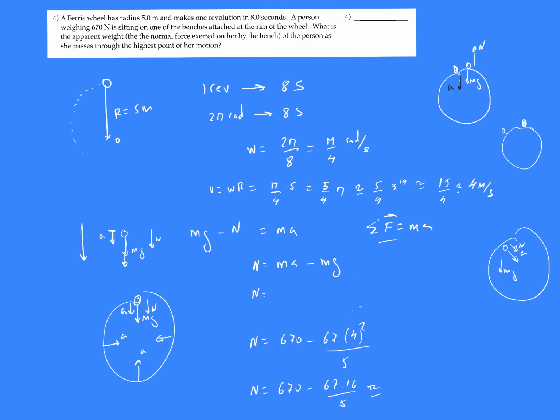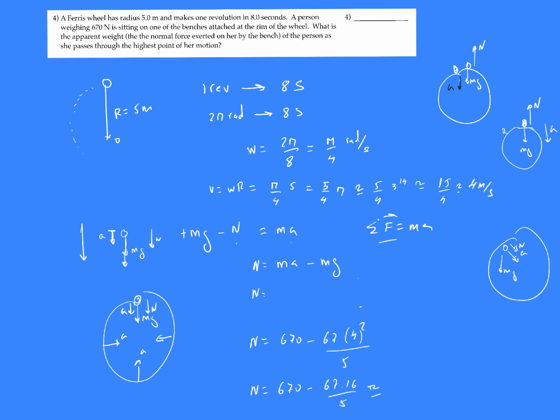The force mg is going downwards and the normal force is going upwards. Because the acceleration is going downwards, mg is positive. So plus mg minus N equals ma.